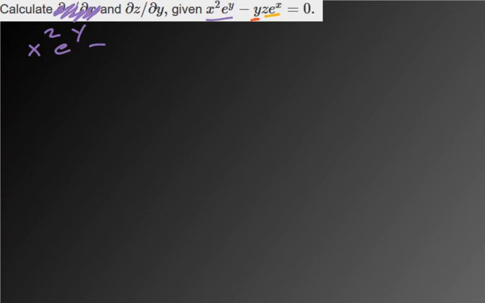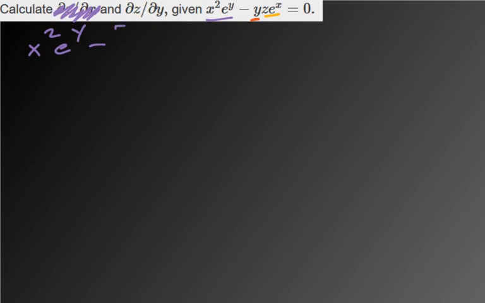So you're going to have a bunch of stuff going on here because you're going to have chain rule with the implicit derivative part when it comes to z. And then you're going to have a product rule because z is a function of y and x. So this is a function of y and this is a function of y clearly. So you got a lot of stuff going on here.